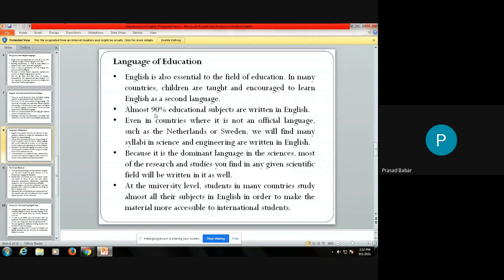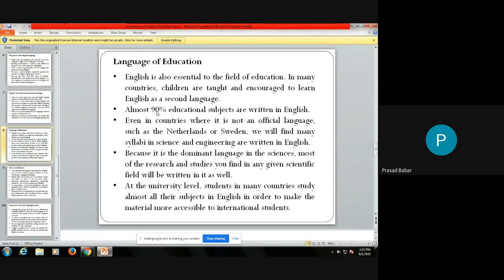So next is, almost 90% of educational subjects are written in English. You know that you are studying engineering, preparing for engineering for the last 1 year. So you know that almost 90% of syllabus or subjects are written in English itself.